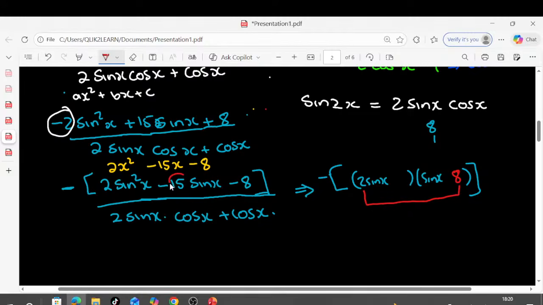Can you see that 16 is close to 15? So 8 and 1 will work. So we're going to put 8 the other side, 1 this side. If 8 and 1 will give us 16, we need to make that 16 negative so that when we add that plus sine x, we're going to get a middle term of minus 15x.